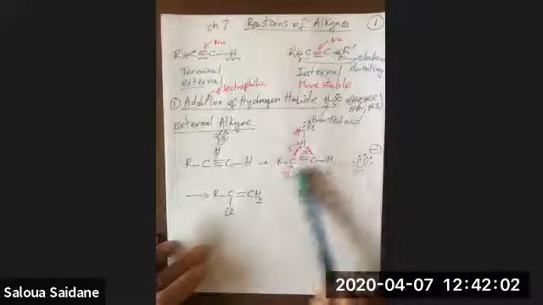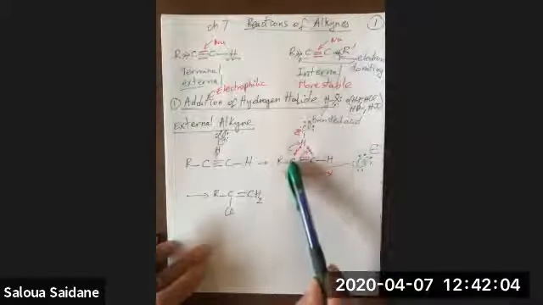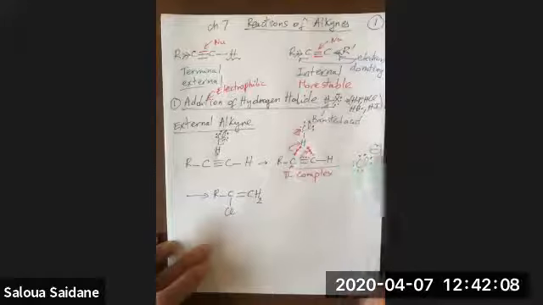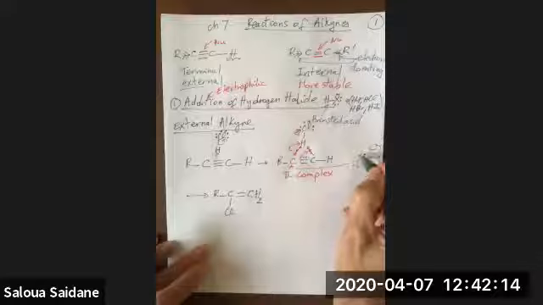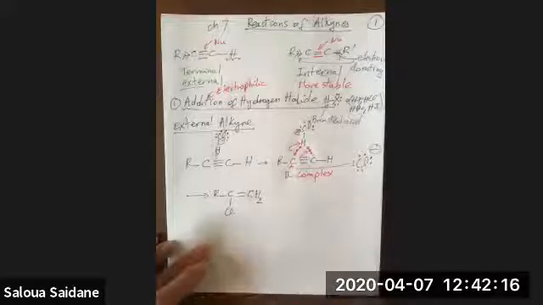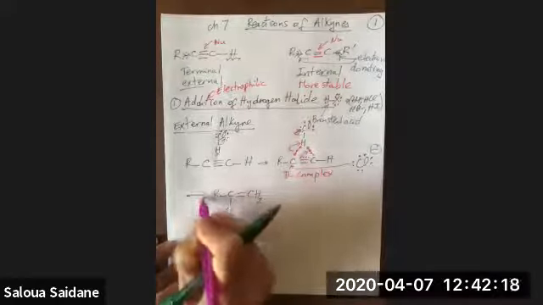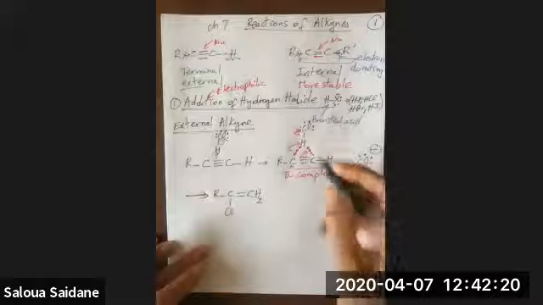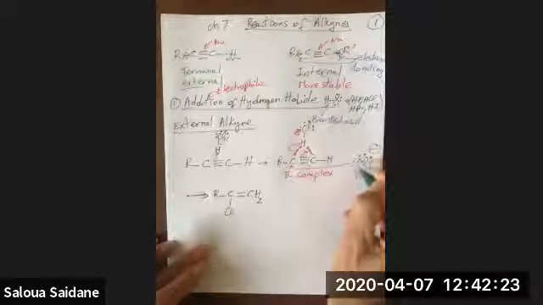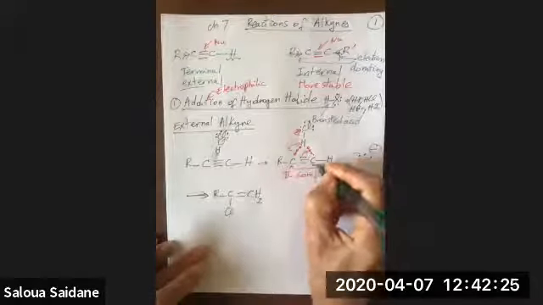Now, I showed here that the chlorine adds to the left carbon. What if chlorine adds to the right carbon? Okay, so if it adds to the right carbon, I'm going to use pink for this. If it adds to the right one, so this adds here.